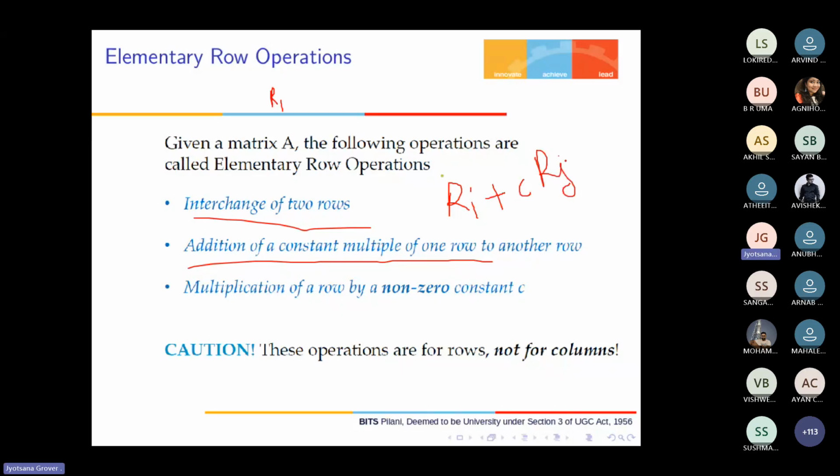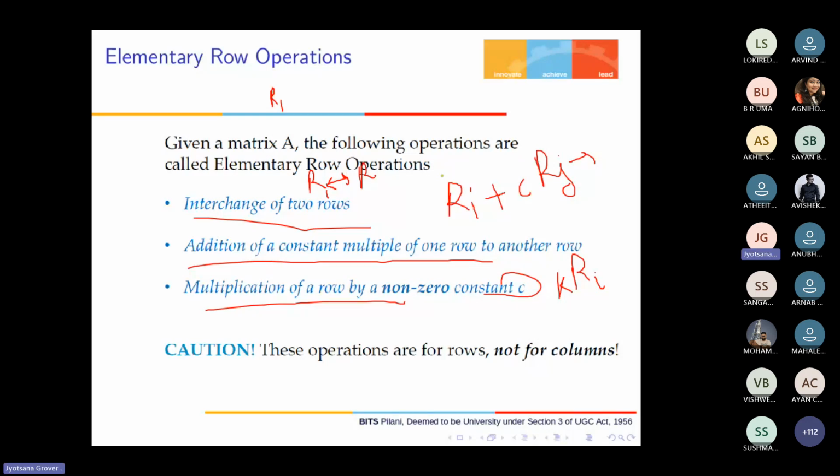So this is elementary row operation. And then you multiply any row with a non-zero constant, a non-zero scalar. So this is k ri. This is elementary row operation. Interchange of rows, swap. Suppose I swap row i with row j. So all these are elementary row operations.